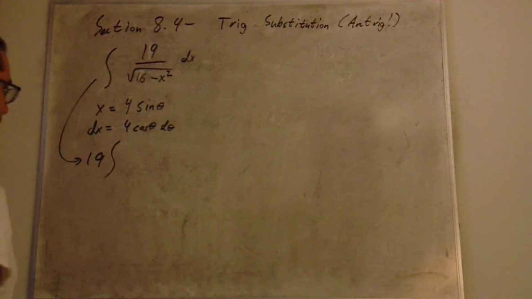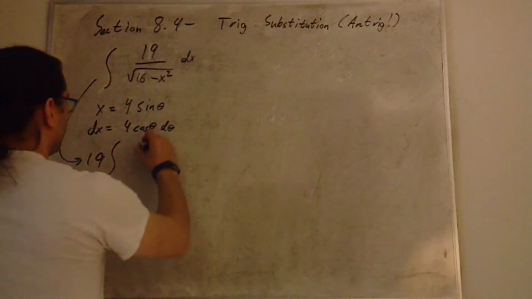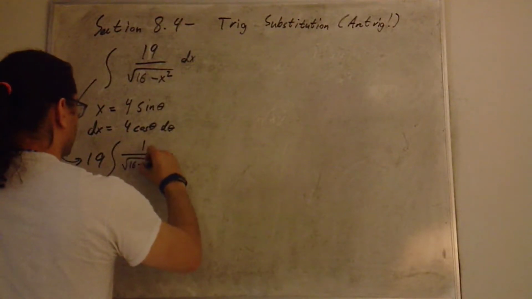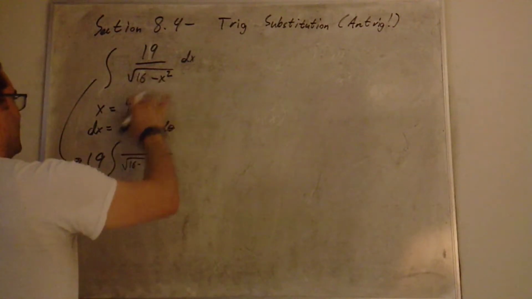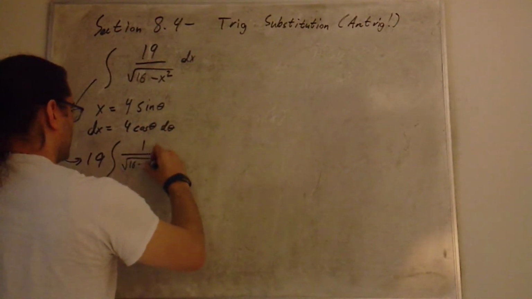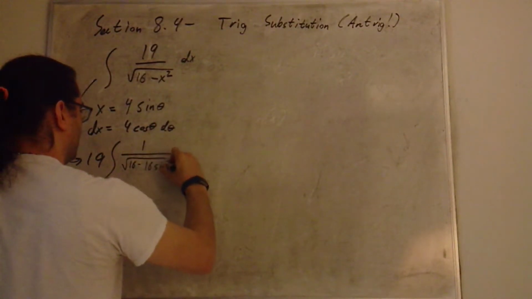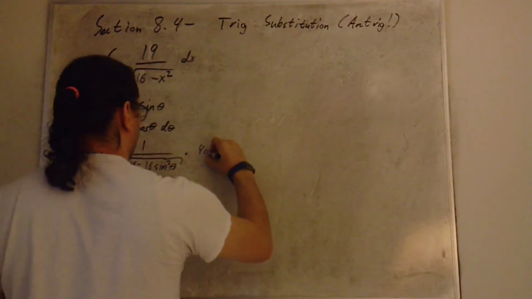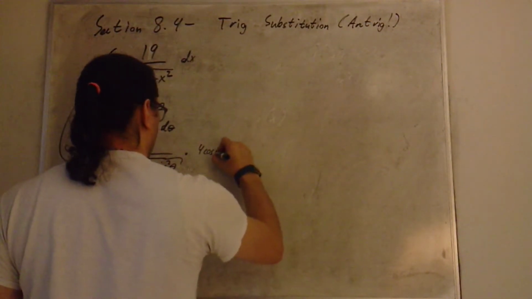It was just going to get extracted instantly, which is fine. I'm going to have a 1 over the square root of 16 minus 4 sine squared will be 16 sine squared times 4 cosine theta d theta.